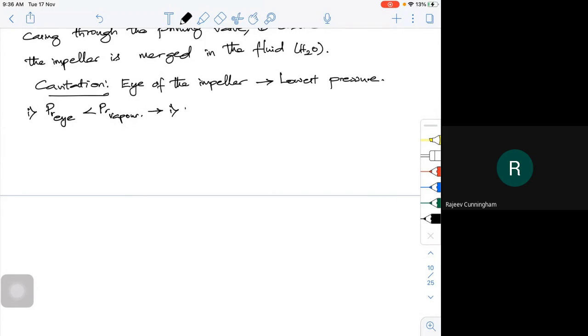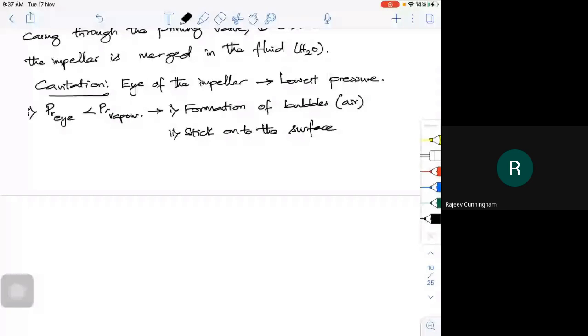There is formation of air bubbles. And what happens? These bubbles will stick onto the surface of the pipe or casing.